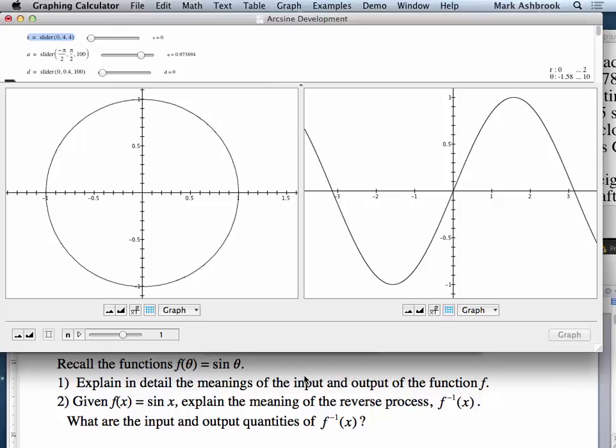Okay, so talk about what the reverse process would be like. Go. What would the reverse process be like? So I think the reverse is the vertical distance above the horizontal diameter and the radius, something like that.